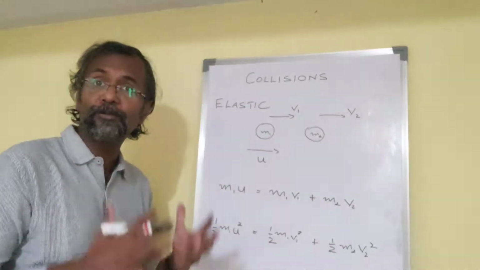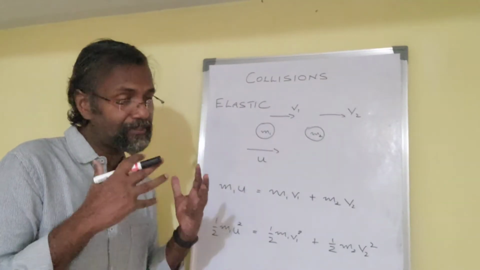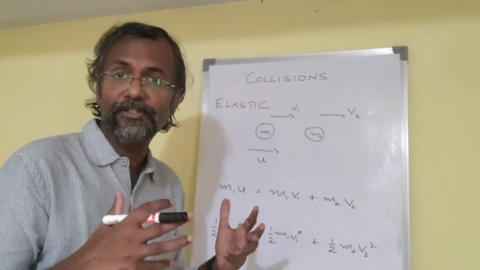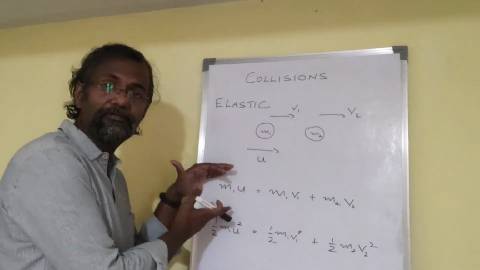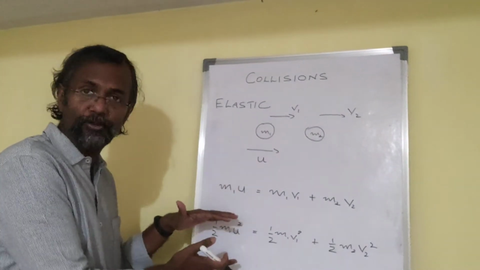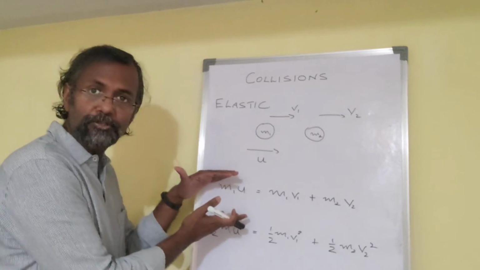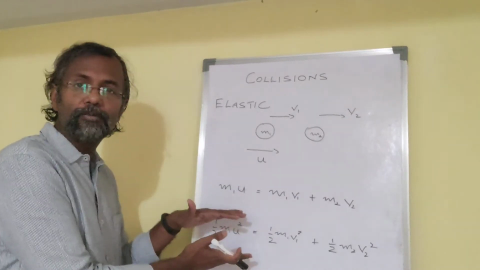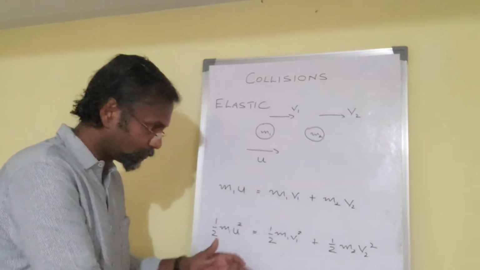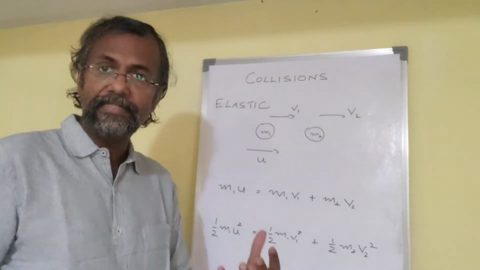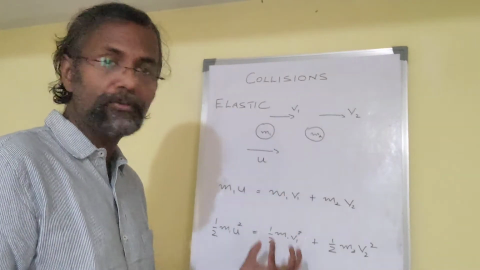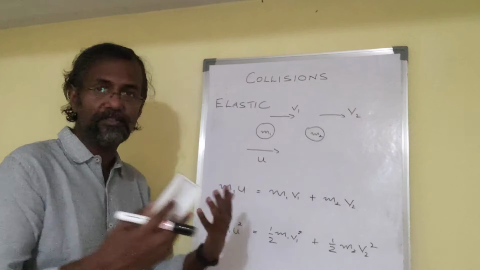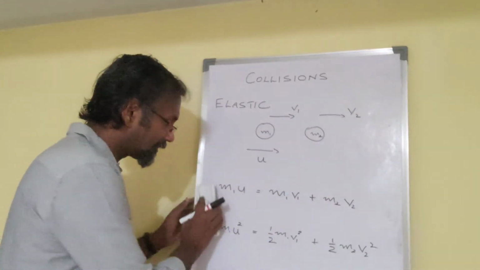For the first time, we're going to use both these great conservation laws together, the conservation of momentum and the conservation of energy. We have two equations from the two laws, and two unknowns, so we can solve for V1 and V2. I'm not going to go into the detailed derivation, which is given in a textbook. I'm just going to take out the result here.